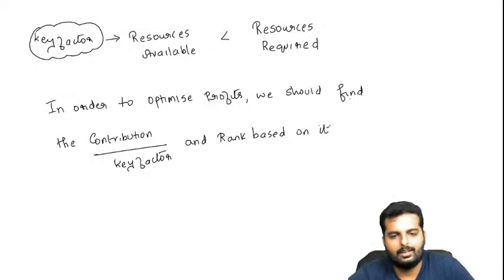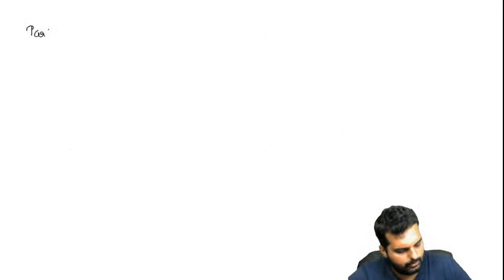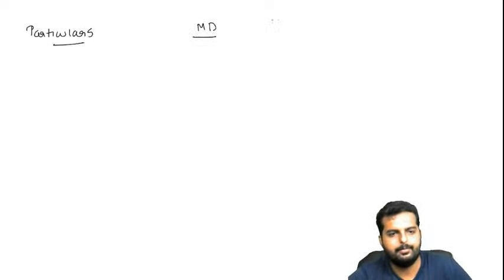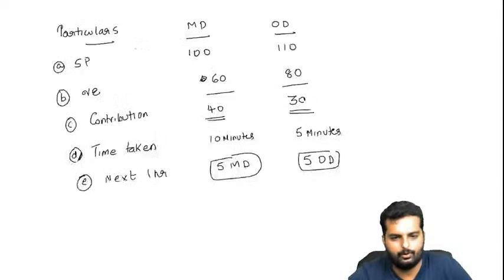Alright friends, now I'll tell you what we will do in this case. We've got the contribution as 40, 30, am I right? So I come over here and draw a fresh table: particulars, MD, OD. Contribution, what is the contribution that you got over here?